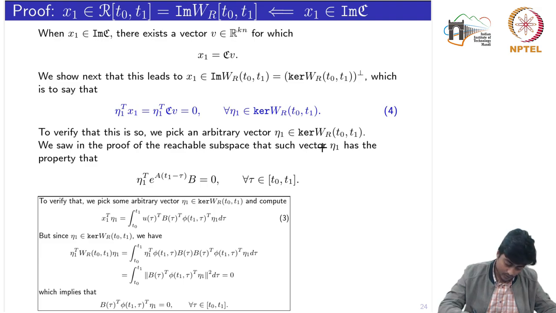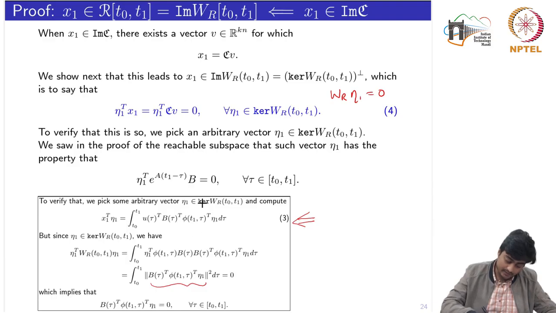Here we won't be showing that property, this is just a snapshot I had taken from the other proof, where we started with x1 transpose into eta 1, and then we wrote one quadratic form, and then we showed that this quadratic form is equal to 0, because eta 1 belongs to the kernel of this WR, which means that WR eta 1 should be equal to 0. By using that property we have implied that it is equal to 0, and this is only possible if this matrix is 0. So I will borrow this part.